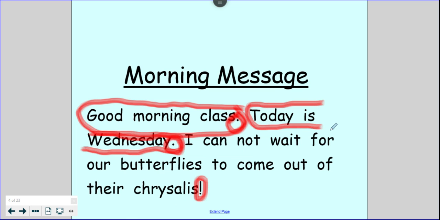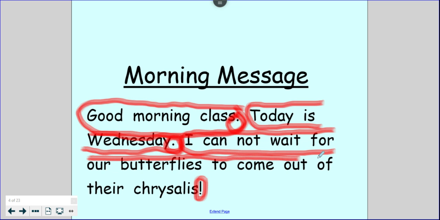The next sentence is pretty long. It goes on three different lines. It says, I cannot wait for. Is that the end of my sentence? Do you see any mark here? Nope, that tells me it goes all the way on to the next line.